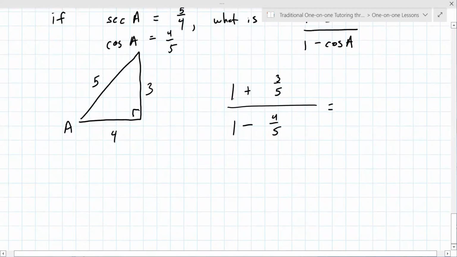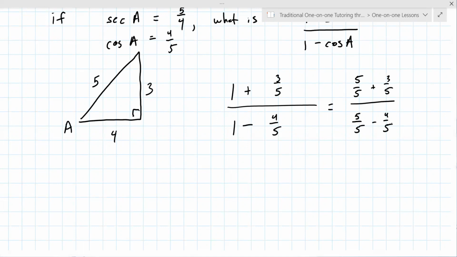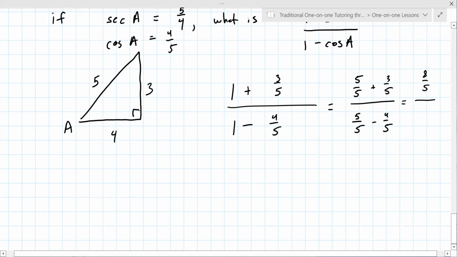So now when you see this one, you want to think of it as 5/5. When you see this one down here, there's a fraction of 5/5 minus 4/5. You see where I'm going with this? You're going to add the numerator, 8/5.